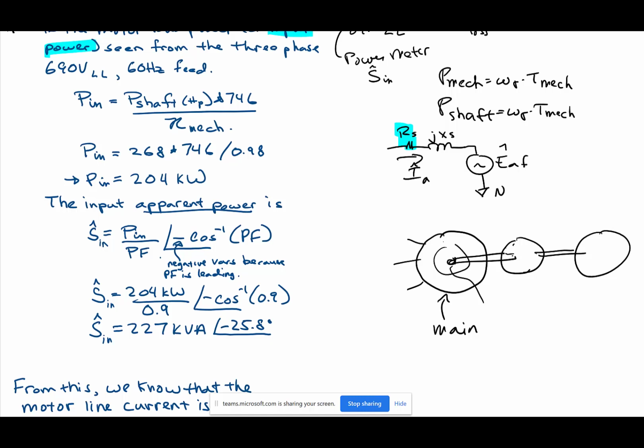The field winding gets fed, some ways they do this, they have a generator on the shaft. This is called an exciter that provides the field. So we are neglecting this right now. It's not here. We're assuming that the field power is coming in externally from some other place. So there's no field winding losses and there's no exciter losses. In a real machine, you would also have these other losses.